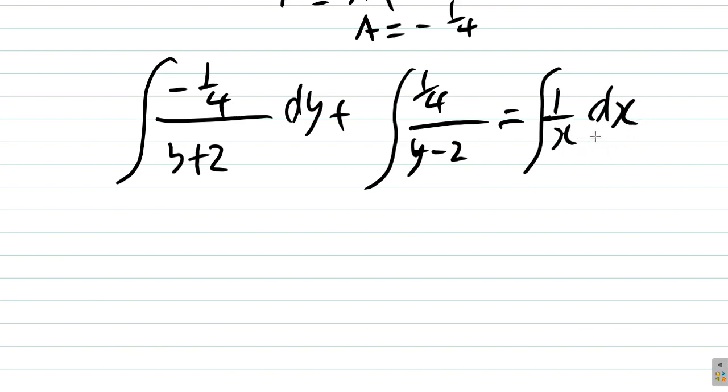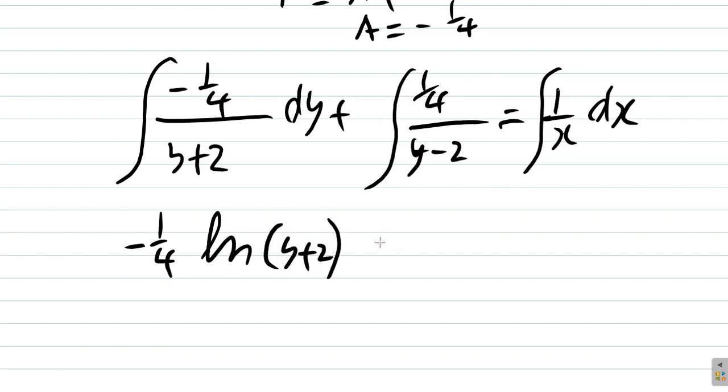Alright. Now, here, this would become negative a quarter ln y plus 2 plus a quarter ln y minus 2. If you're not sure how I get this, you have to remember your integration by substitution.